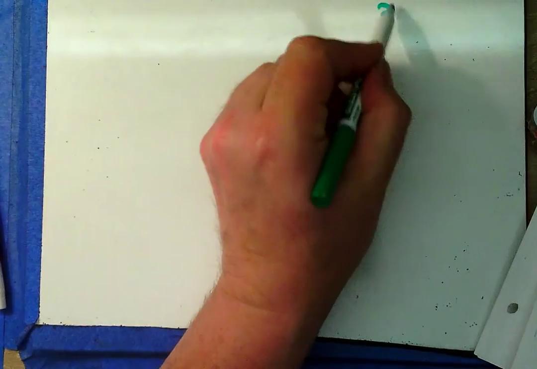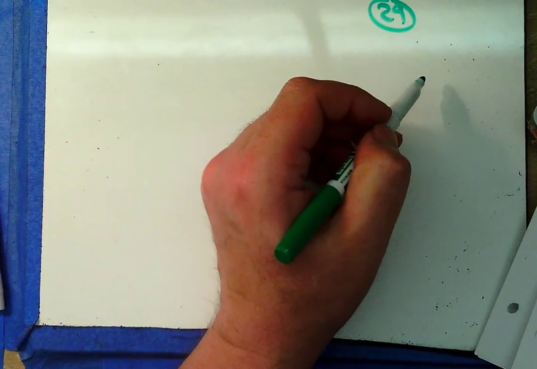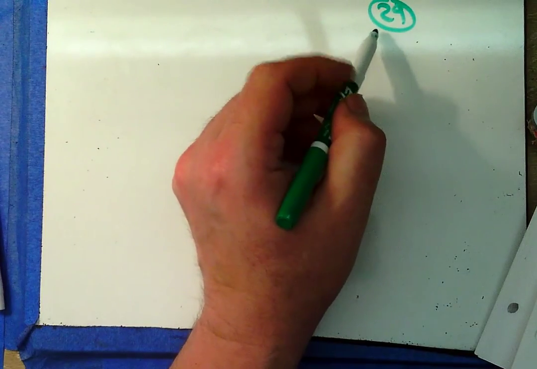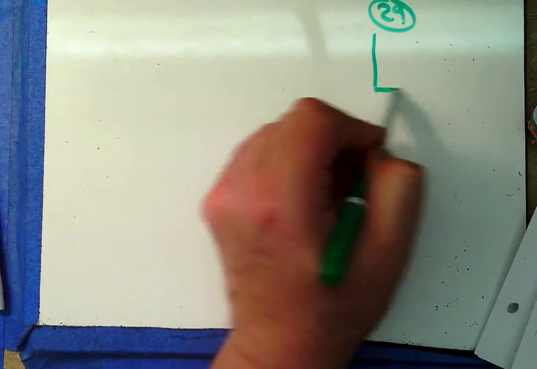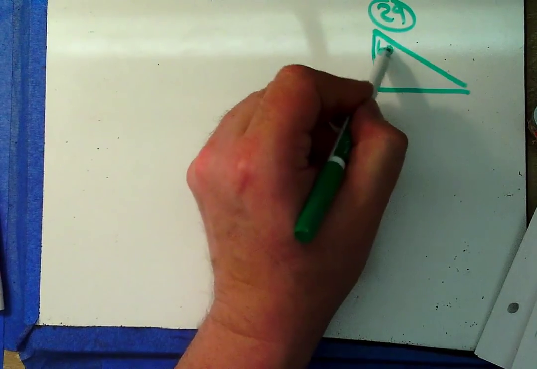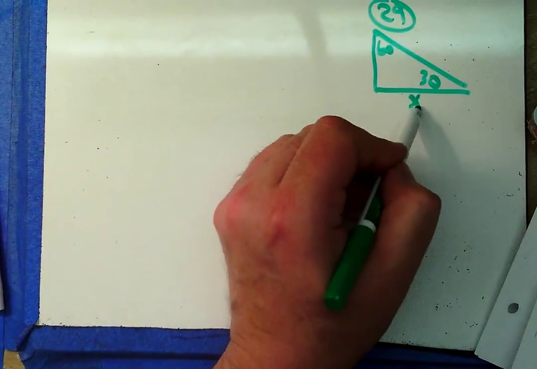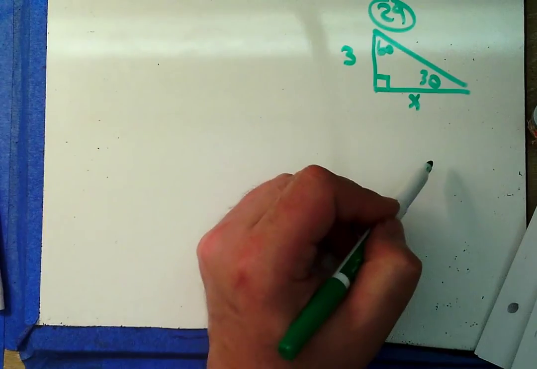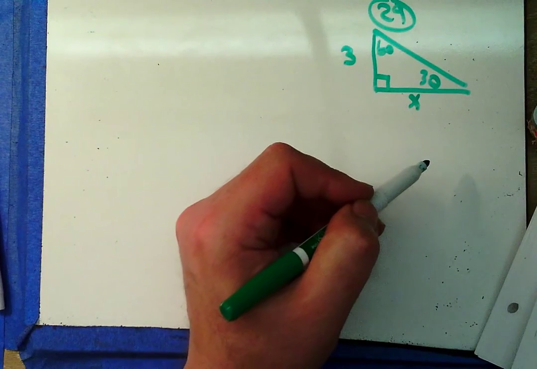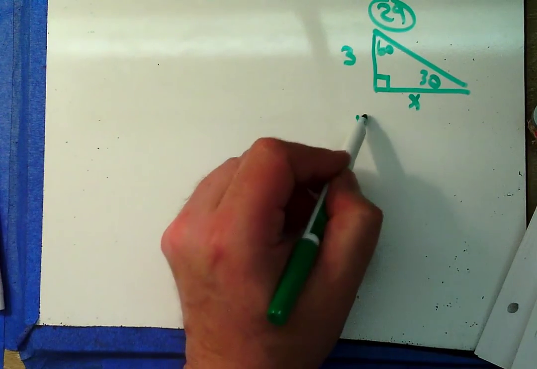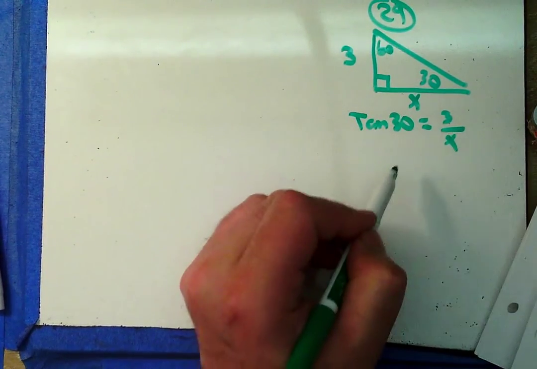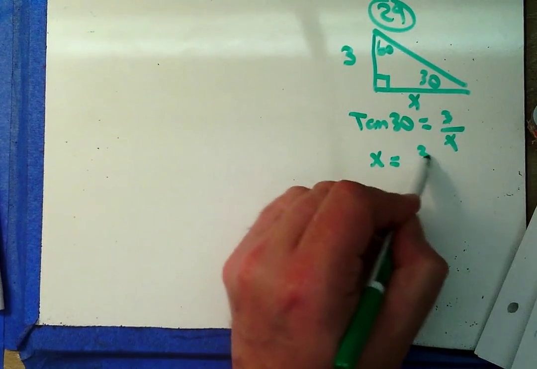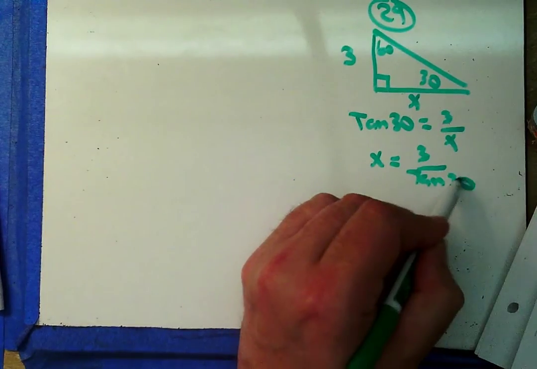29. 29, we've got a right triangle with degrees marked. It's a 30, 60, 90 right triangle. 60, 30. We're looking for this. We know this. Well, if you're comfortable with your trig, you could say the tangent of 30 is 3 over x, or x is 3 over tan 30.